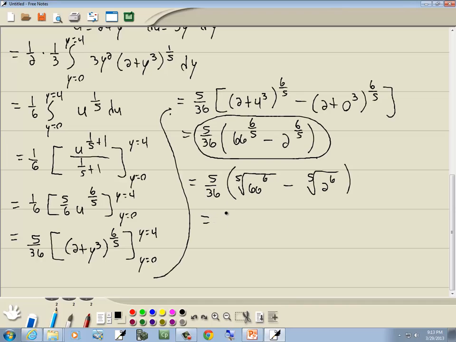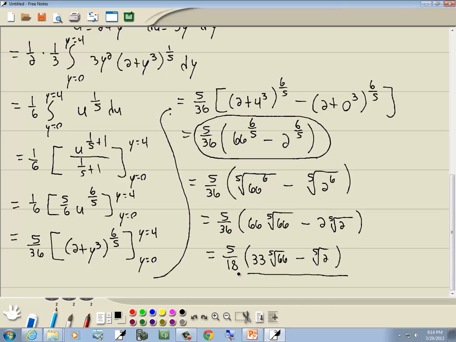Which means this would become 5/36 times, bring out 5 of those, and that gives us 66 times the 5th root of 66 minus 2 times the 5th root of 2. I could factor a 2 out if I wanted to simplify it. So this would become 5/18 and then 33 5th root of 66 minus 5th root of 2. And that's probably about as much simplifying as we need to do.